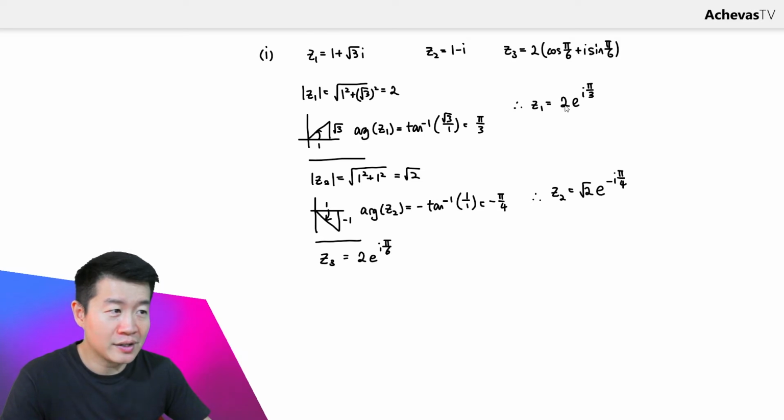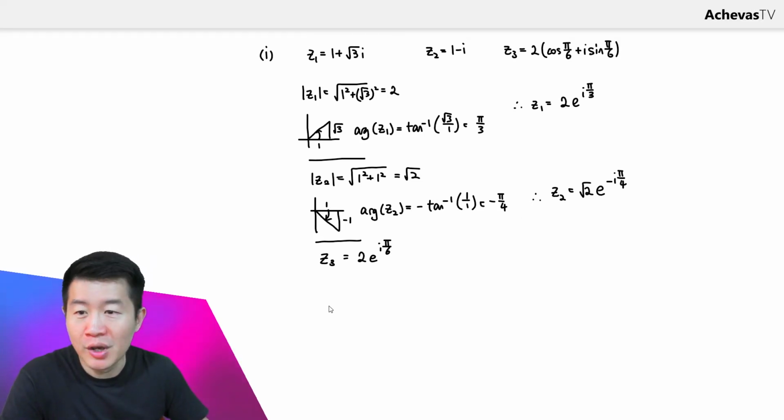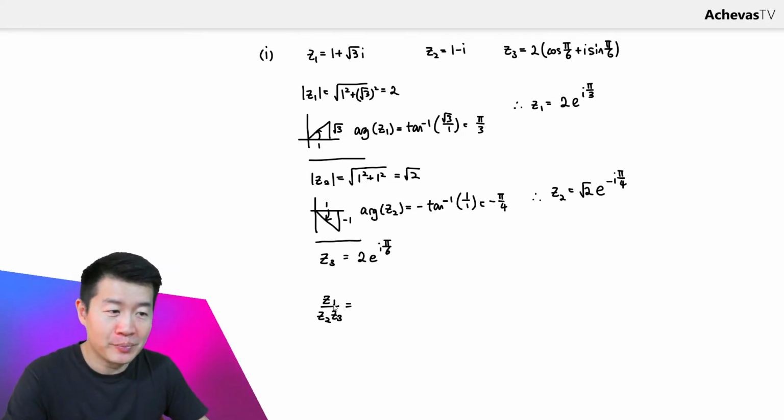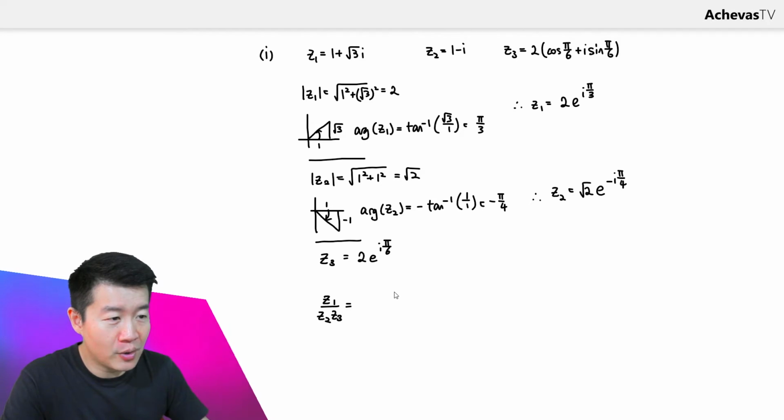So we have Z1 in the Euler form, Z2 in the Euler form, and Z3 is also in the Euler form, which makes it extremely easy now for us to combine them together to form Z1 divided by Z2 times Z3. We want to rewrite this entire complex number into another Euler form. So Z1 in its Euler form is 2e to the power of i pi over 3.